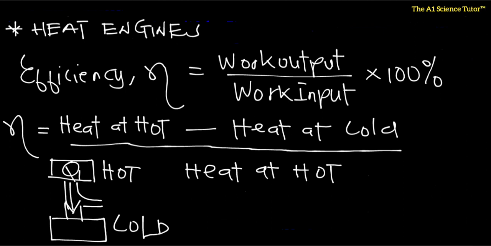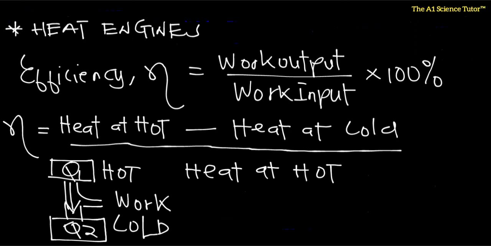Stuff would always move from the hot region to a cold region. So this should be Q1 and this is going to be Q2 to represent the cold. That means the amount of heat here is going to be greater than the amount of heat in Q2. Now, as this heat is being transmitted from Q1 to Q2, work is actually being done.